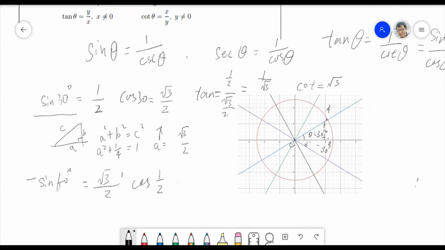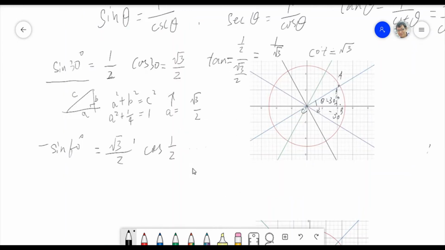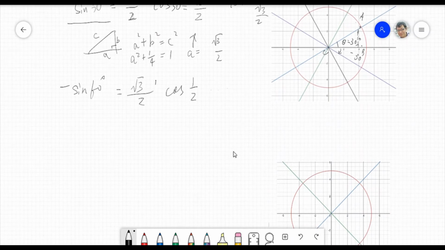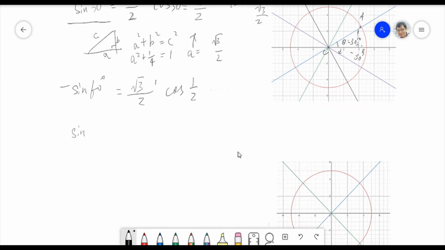Okay. So let's go up for one more. Another one is sine of 120, right? 90 we will not count. 90 is the y-axis. So on the y-axis we all know the x is already equal to 0.